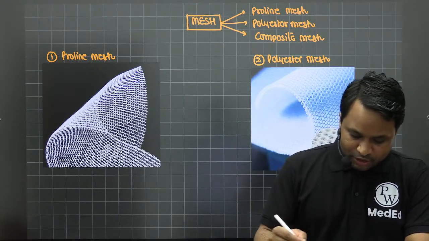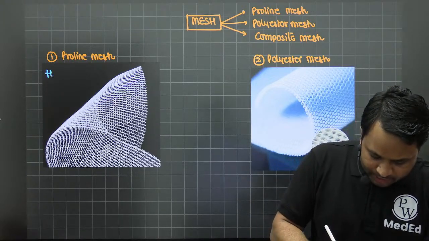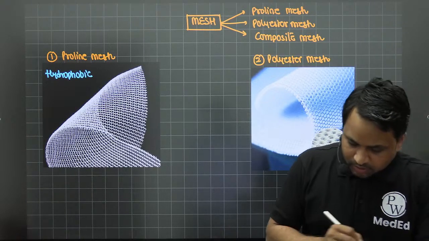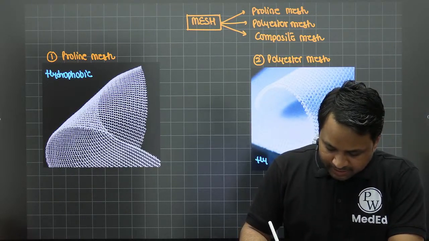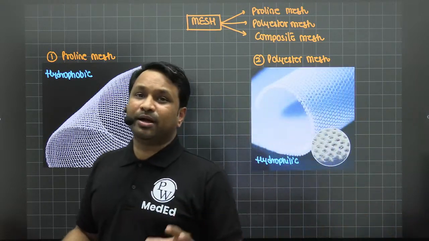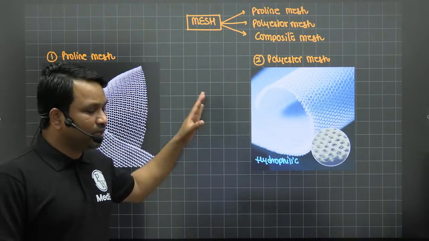One advantage of Prolene is that it is hydrophobic. It repels water. Polyester is hydrophilic. It likes water. If it attracts more water, it is going to cause more edema, and that is going to act as a source of infection. So polyesters are less commonly used, right?